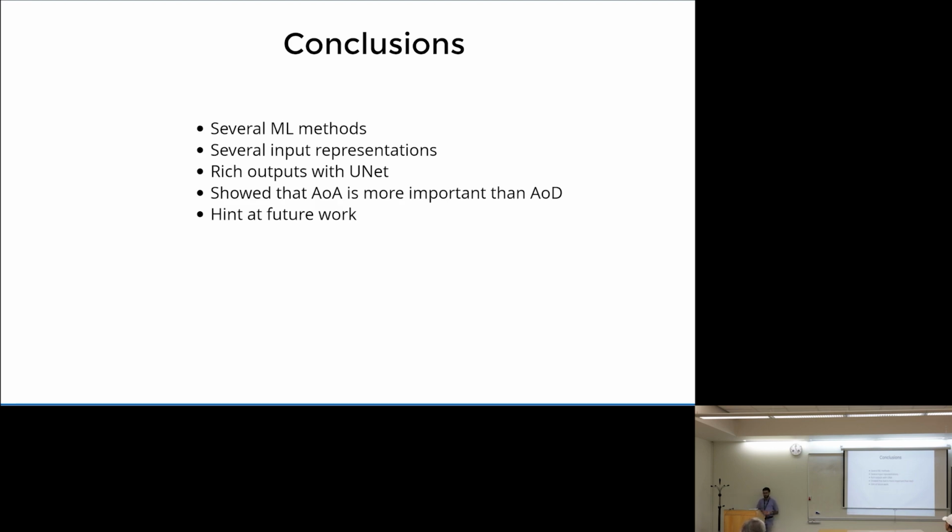We also showed that the angle of arrival is more important than the angle of departure. This is important because in real-life situations, we might not have information about the angle of departure. We might only have information about the time of arrival and the angle of arrival. And we also hinted at the future work.